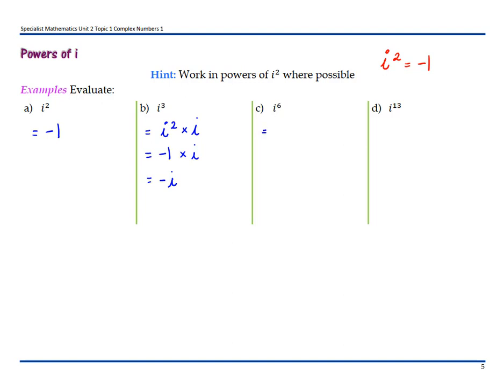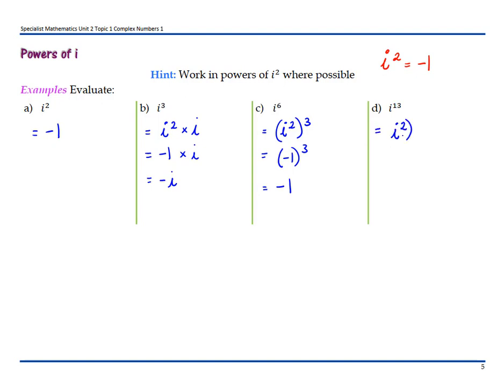Okay, i to the power of 6 we could write as i squared all to the power of 3. i squared is -1, to the power of 3, and -1 to the power of 3 is an odd power, so it's going to end up negative. i to the power of 13.